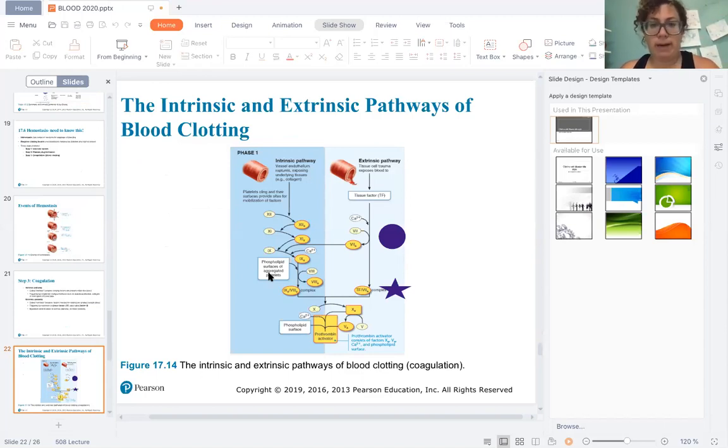The intrinsic pathway is when the endothelium, the actual little capillaries and vessels, gets hurt. This causes an entire cascade of different cofactors that eventually lead to what's called prothrombin, and prothrombin then makes a clot, okay? But in the extrinsic pathway, there's tissue cell trauma. So it's not the vessel, but the tissue cells where something happened.